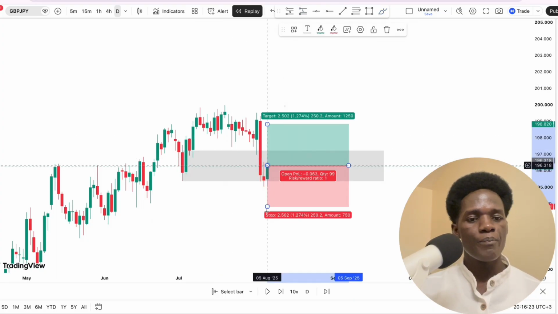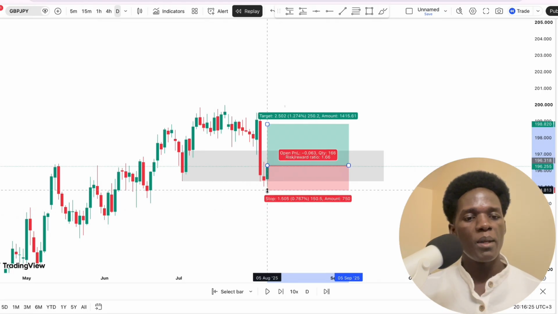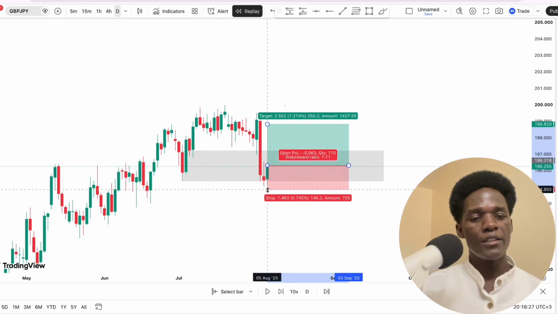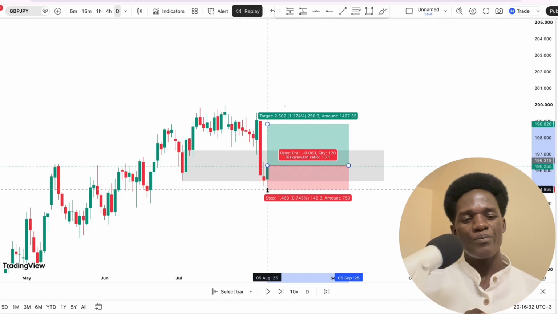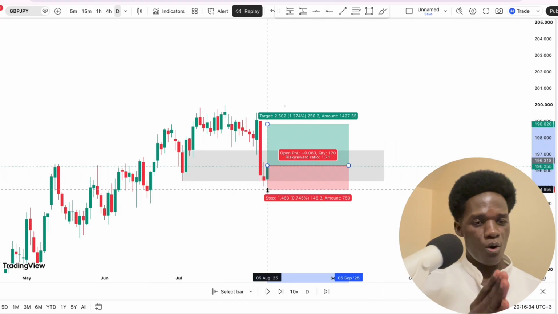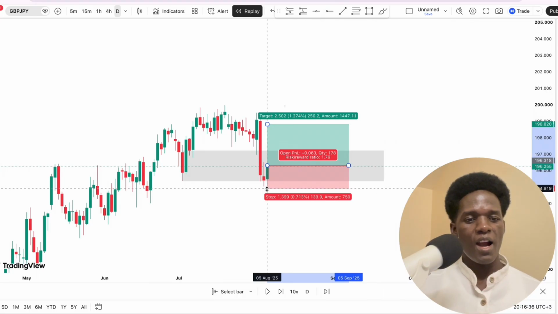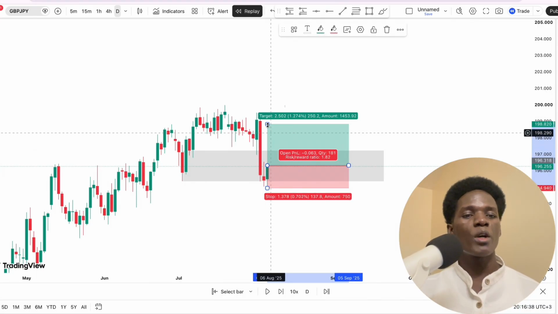For a buy, your stop loss must be below this higher low or the swing low. You can press it here and you take profit. Make sure you press your take profit at the right place.